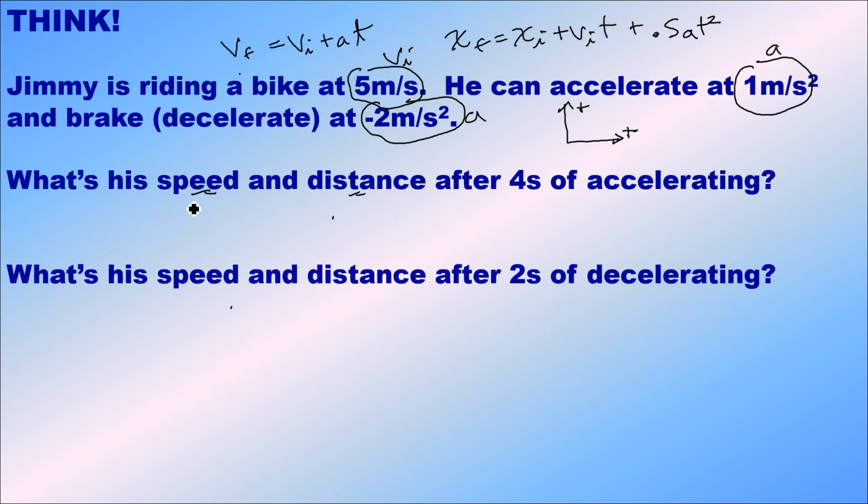So in the first section, we're asked, what is the speed and distance after 4 seconds? And our key is accelerating, so we'll be using this one right here. So speed, that'll be velocity.